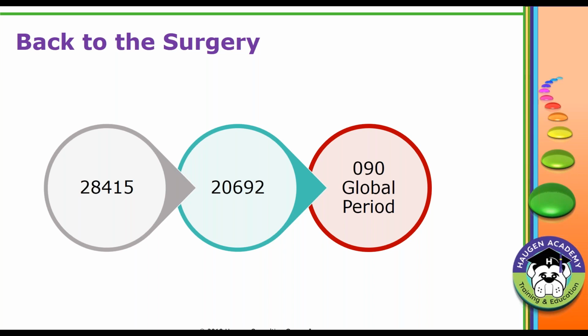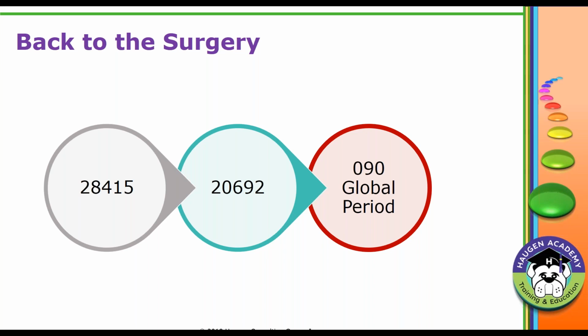So that means they both have 90-day global periods. So they're both major procedures, which was pretty evident in our surgical note that included the patient in the operating room with general anesthesia. So for this surgery, the 92-day period starts with the day before surgery. It includes the day of surgery, and then it continues for 90 days post-surgery.